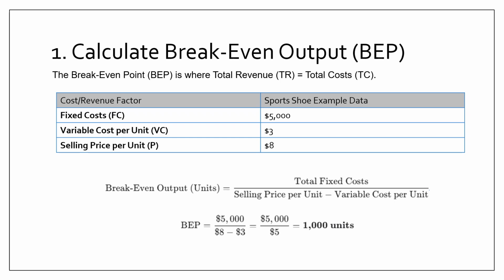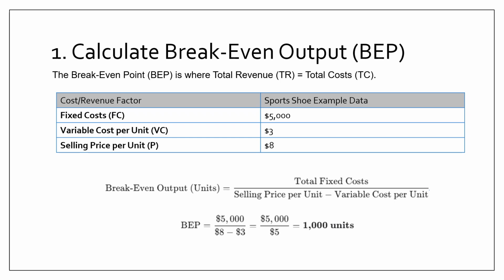How to calculate break-even output? The break-even output is where the total revenue equals total cost. So let's calculate the break-even output for the data given. Break-even output equals total fixed cost over selling price per unit minus variable cost per unit.